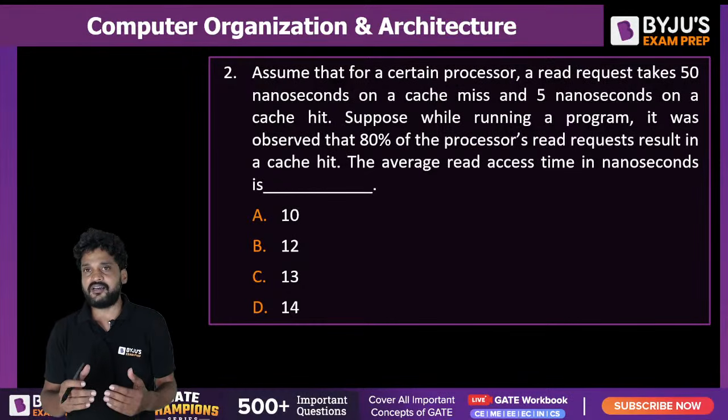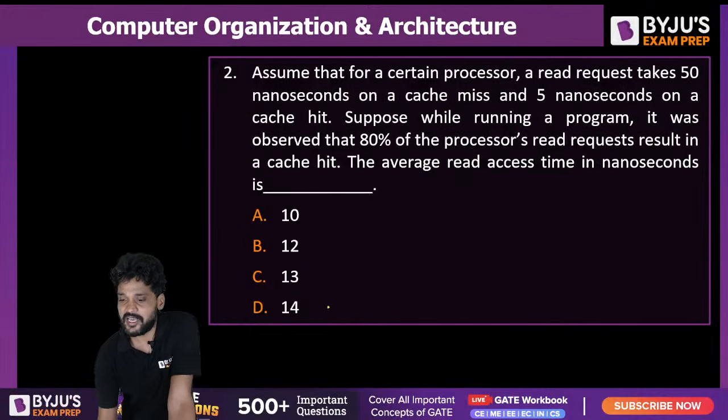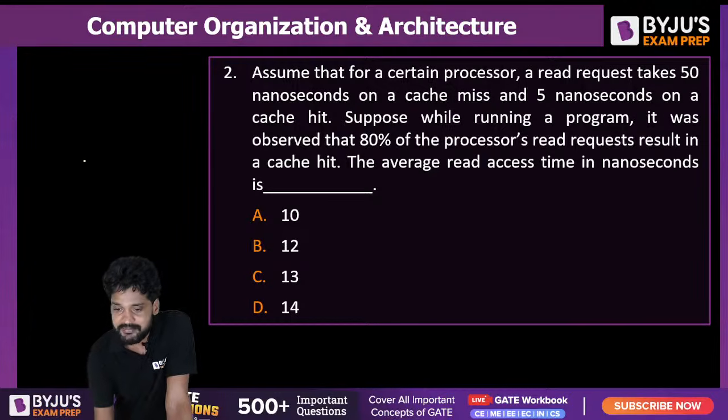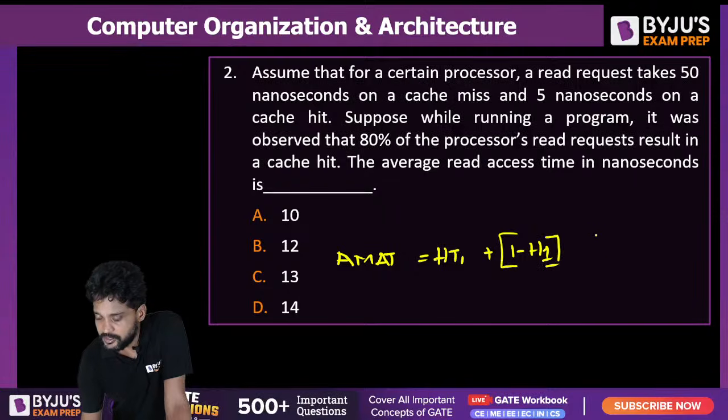Average memory access time calculation is pretty simple. If you want to calculate average memory access time, there is a simple rule. Average memory access time is equal to H1 T1 plus (1 minus H1) into (T1 plus T2), if it is a one level cache.